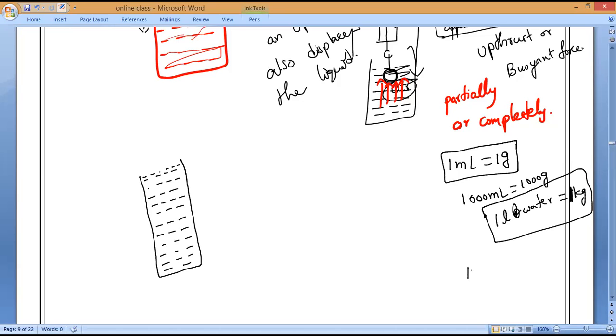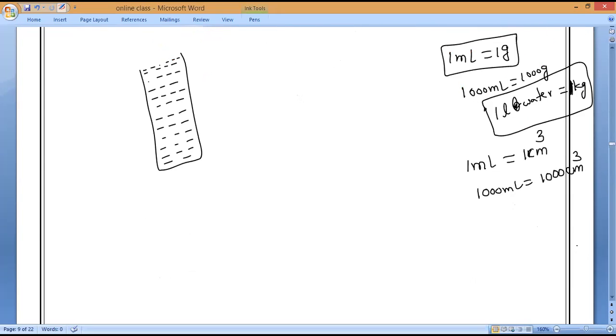In the same way, 1 ml of water occupies how much volume? 1 ml of water equals 1 cubic centimeter. 1000 ml of water equals how many cubic centimeters? 1000 cubic centimeters. And if I take 1000 liters of water, it equals how many cubic meters? 1 cubic meter. I taught you everything in detail.